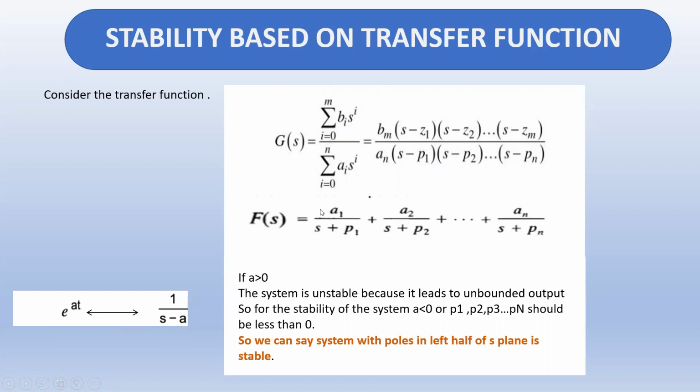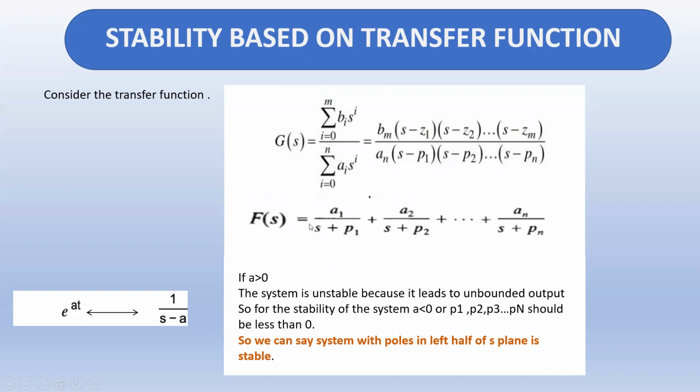So if we have 1 by (s plus p), then we have exponential minus terms in our output equation in the time domain. Thus the system will have bounded output, because every bounded input should lead to a bounded output.